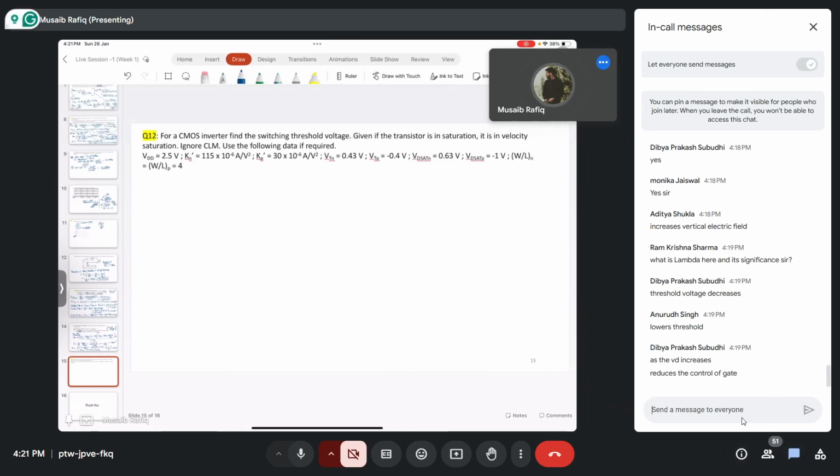Has anyone done this question? I think this is quite similar to the previous question. If you have done it, you can always type your answer in the chat box.